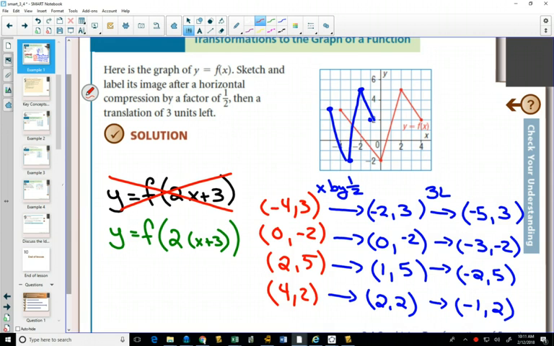So I want to make you guys write a note about this at the bottom of your page. You have some space right at the bottom.